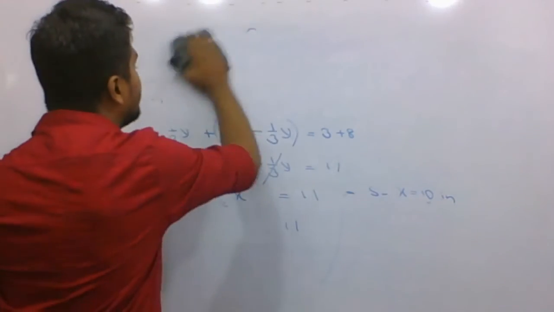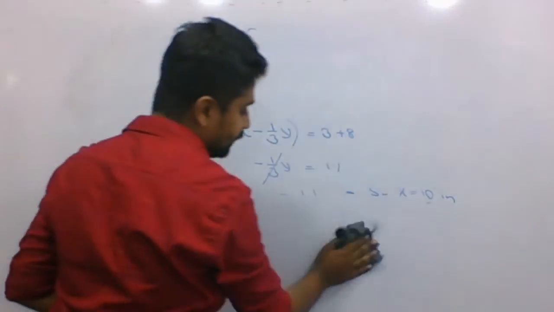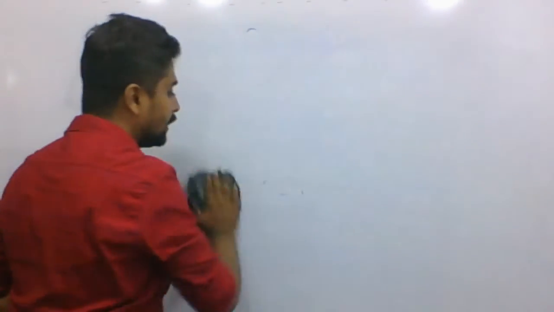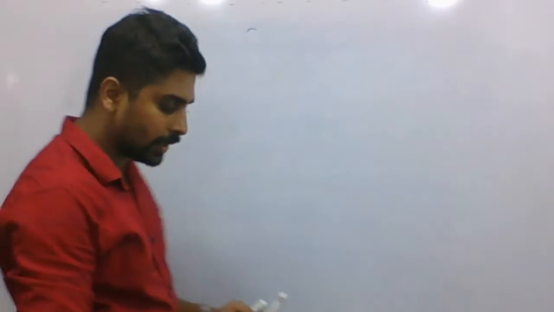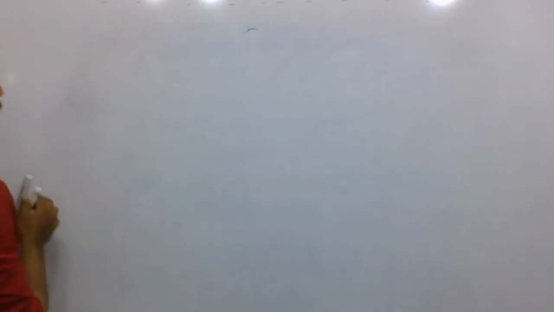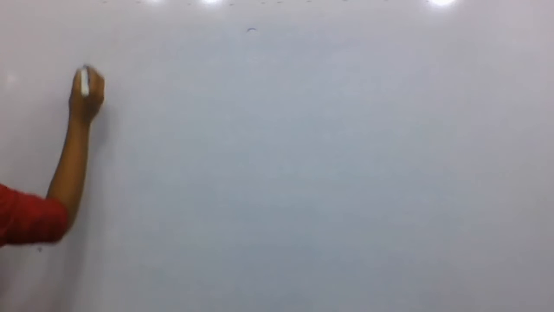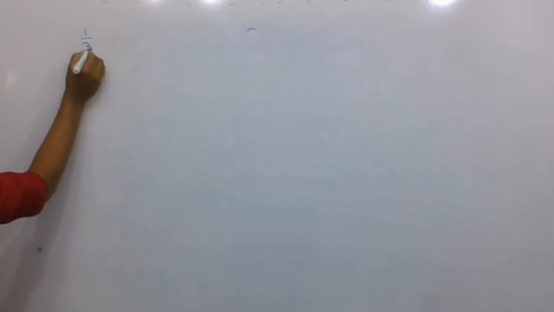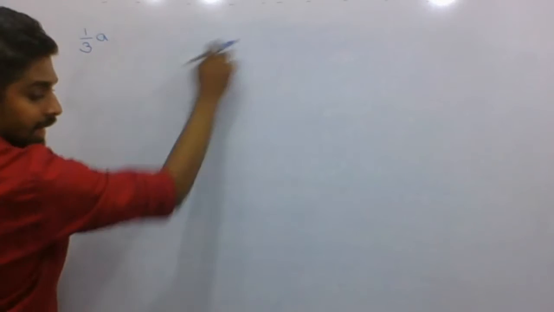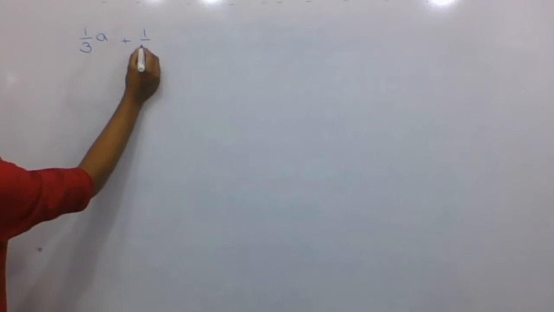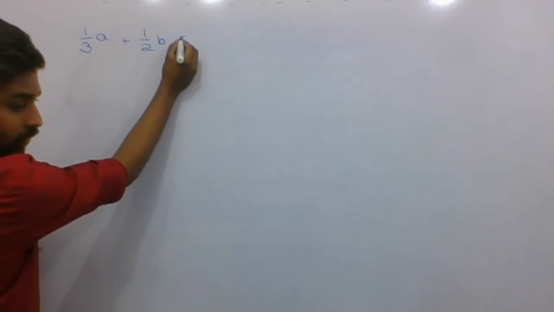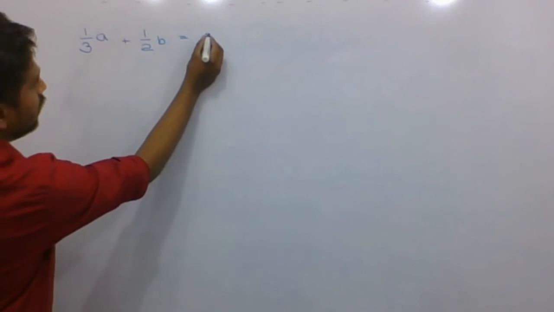Let's discuss a question of that type. ලියා ගන්න, බලන්න question එක, ඊළඟ example එක, example number 7. This is the question: 1 over 3a plus 1 over 2b equal 4.